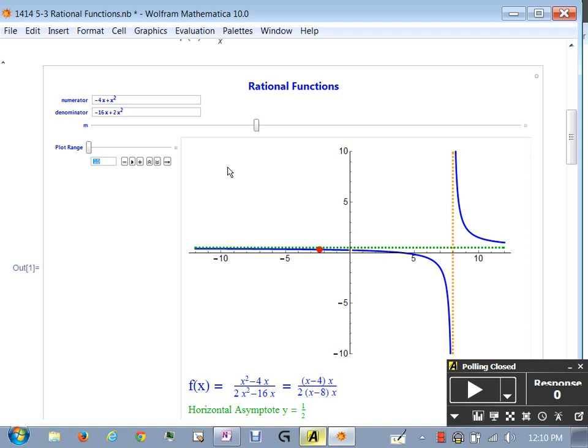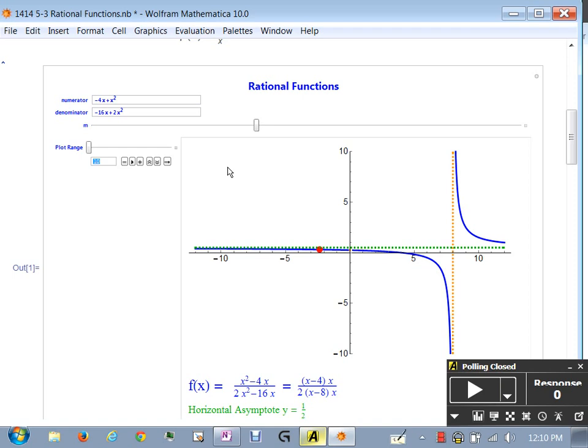Let's start with, what should we start with? How about the vertical barriers? Let's start with that. It looks like 8, right? And then look at the denominator here. 2x squared minus 16x. When we factored it, one of the factors was x minus 8.